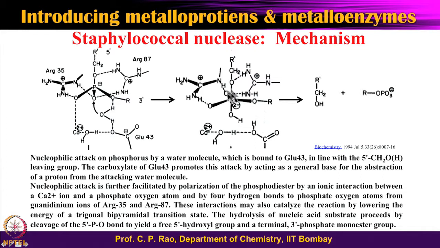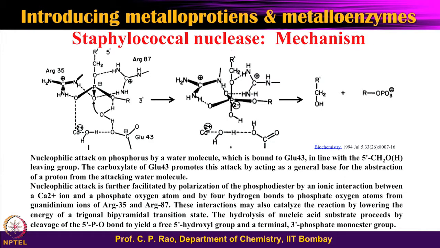That leads to the intermediate step, which is the transition state, and the transition state has a pentacoordinate phosphorus, and this will further protonate and break to the phosphate. So, we have seen the clear-cut mechanism of a nuclease enzyme which is activated by calcium 2 plus.